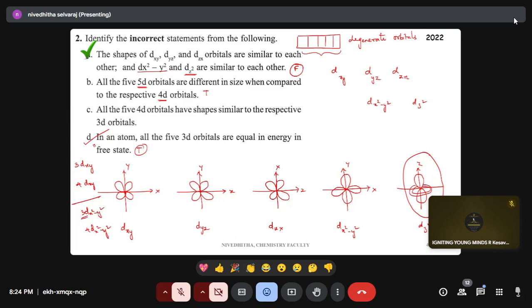Here the n value is increasing and the shapes are the same for both orbitals. So the statement is also true. So the false statement is the first one, because four d orbitals have similar shape and dz square has a different shape. Okay, that's it. So next question. The right answer is the first option.